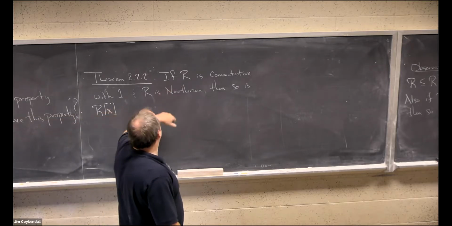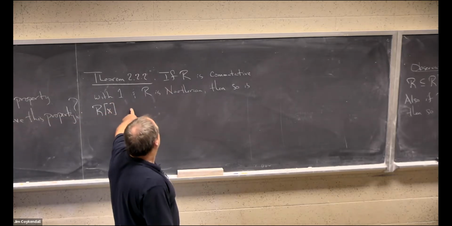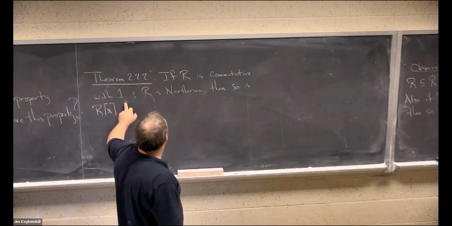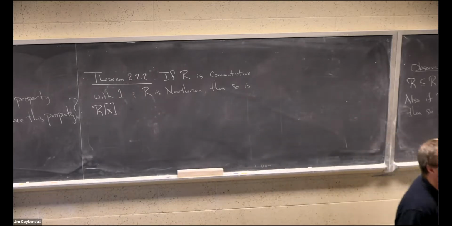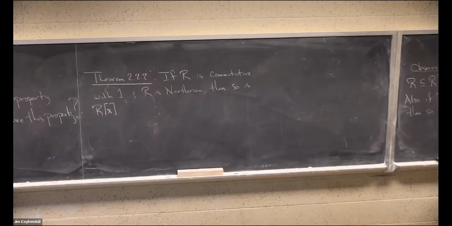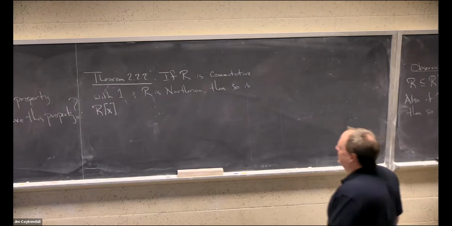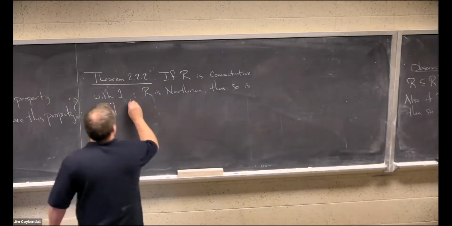If R is commutative with 1, so we're going to assume that R is commutative with identity. I make this distinction here because it can be an interesting converse. If R is Noetherian, so is R[x]. This is famously called the Hilbert Basis Theorem.